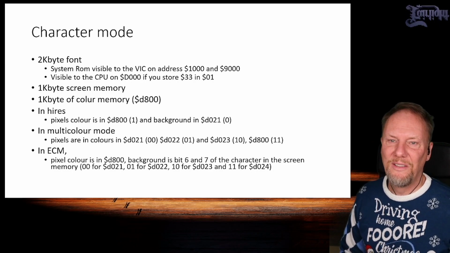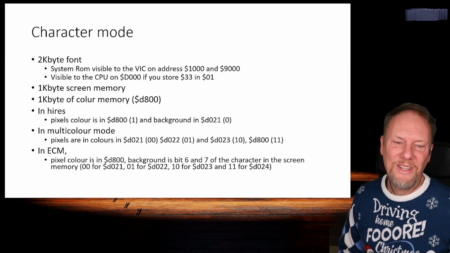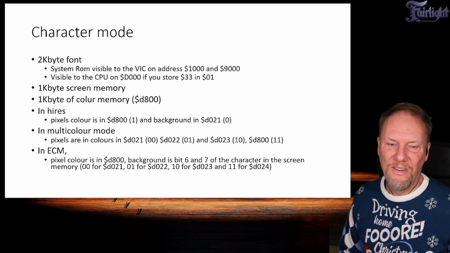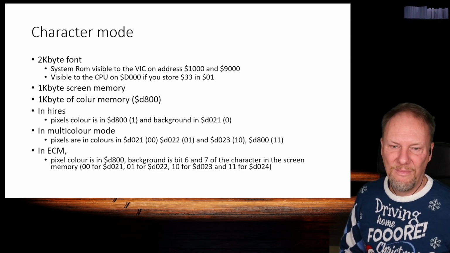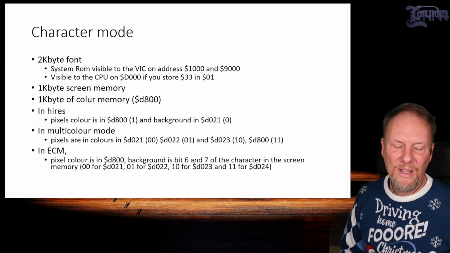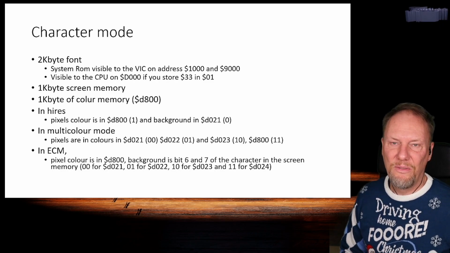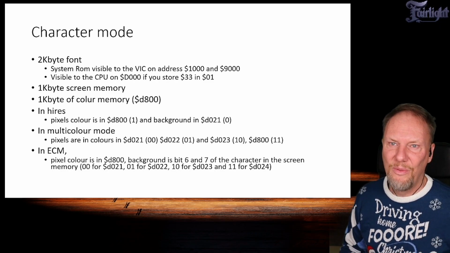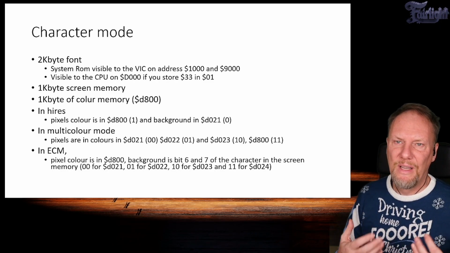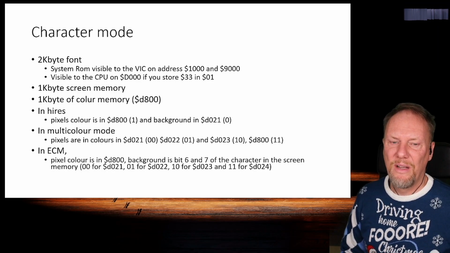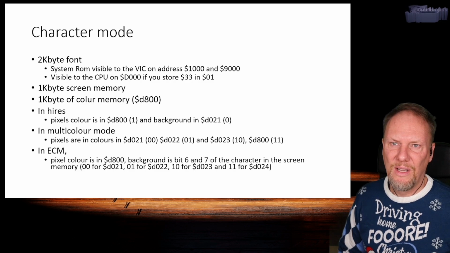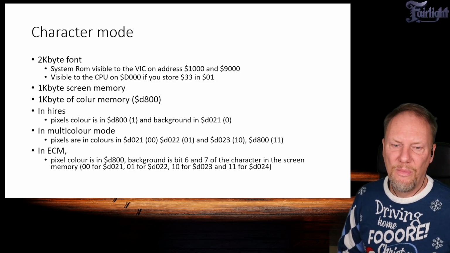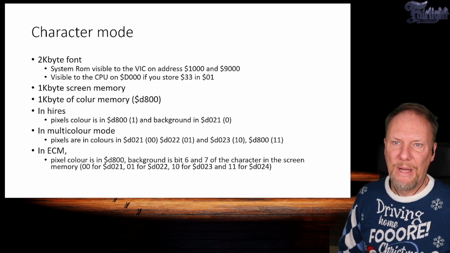Extended color mode is a tricky one. So the pixel color is in D800, basically like normal. So this is high-res, think of it like high-res with an extended opportunity of setting the background color. It uses bit 6 and bit 7 of the character to determine one of 4 background colors.